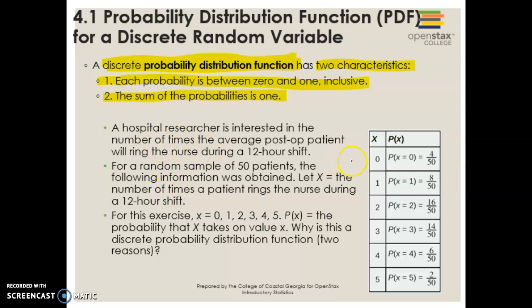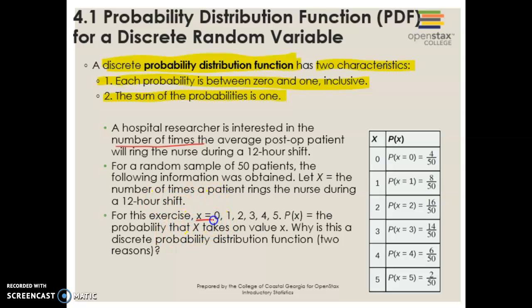A hospital researcher is interested in the number of times the average post-op patient will ring a nurse during a 12-hour shift. For a random sample of 50 patients, the following information was obtained. Let X equal the number of times the average post-op patient will ring for the nurse.